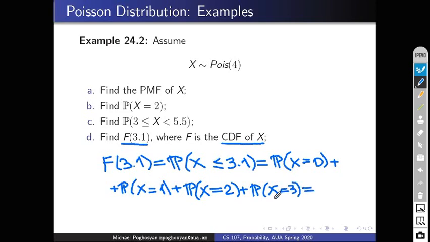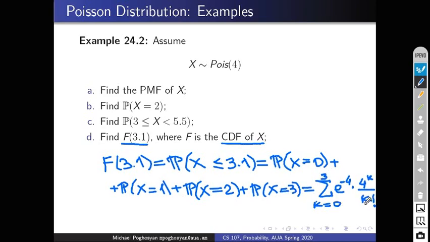And by using that formula for calculating the PMF of our Poisson random variable, I can write the following. So e to the minus 4 times our lambda 4 to k over k factorial, and k is running from 0 to 3.